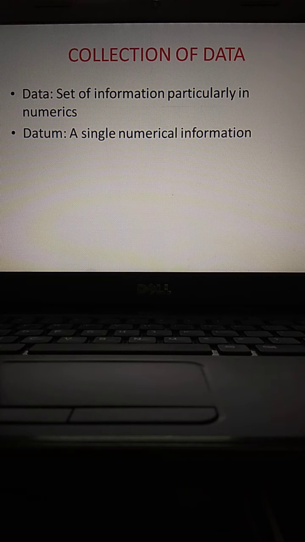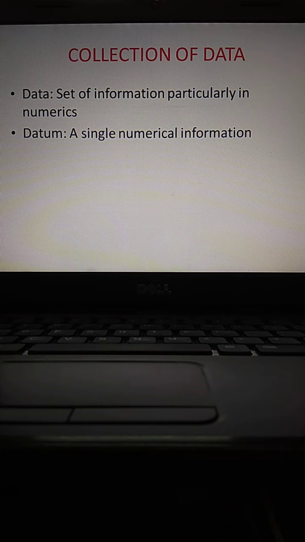But in a straightforward way, how do you think about data? Data means nothing but the set of information, particularly in terms of numerics. A datum means nothing but a single numerical piece of information. Wherever a problem arises, to identify the appropriate solution regarding that problem, what is required? The collection of the data is very, very important.